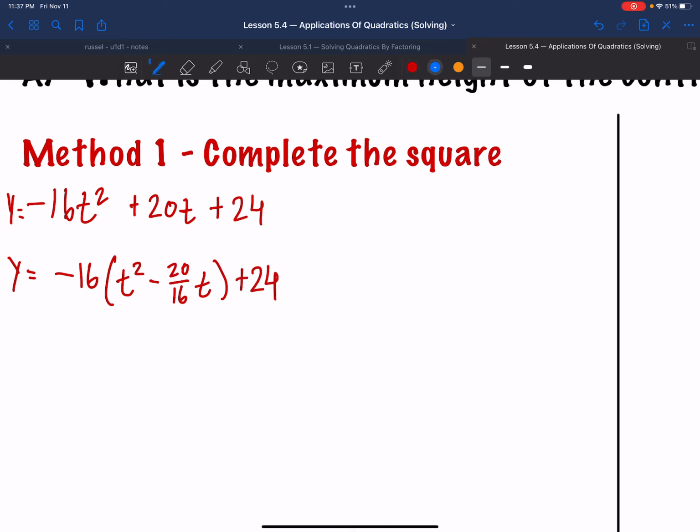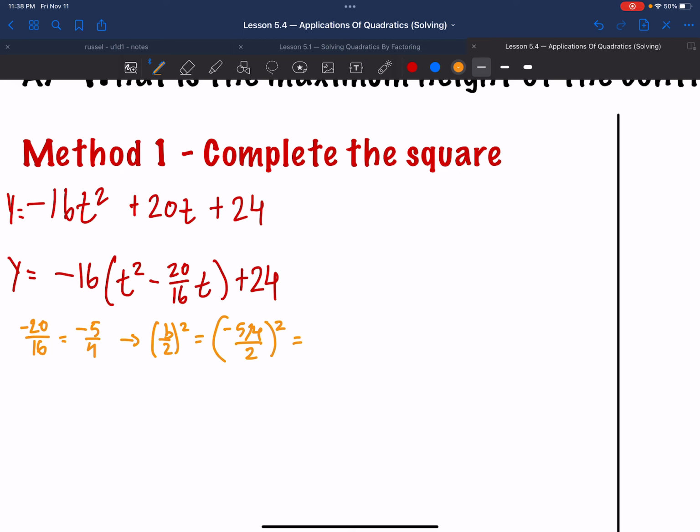But then, of course, negative 20 over 16 is just negative 5/4. Yeah, okay, sorry. Yeah, it's negative 5/4. So take b over 2 squared. That's negative 5/4 over 2 squared. And you can use a calculator or you can do it by hand.